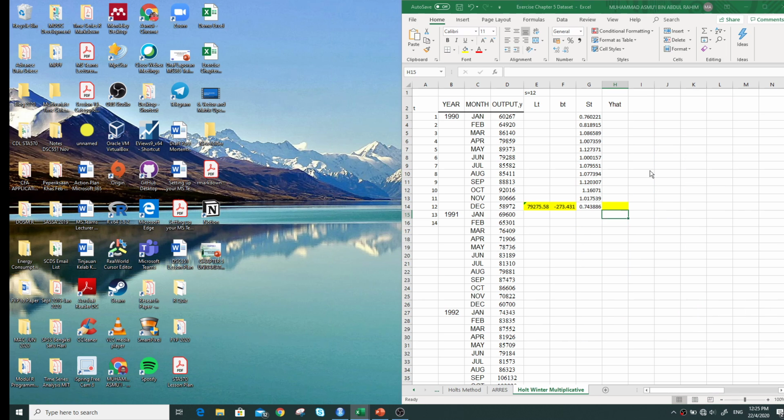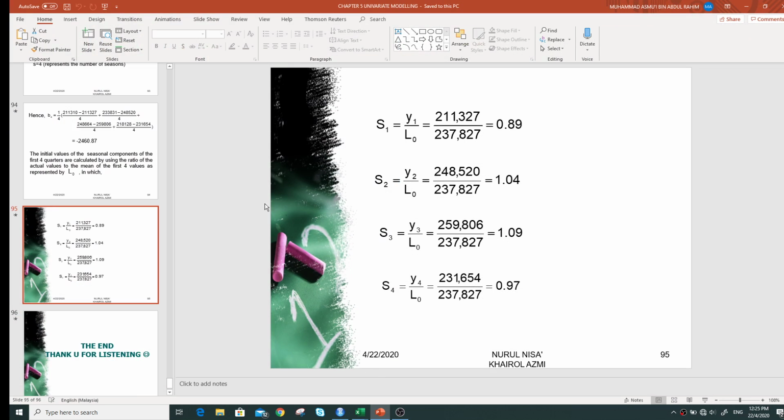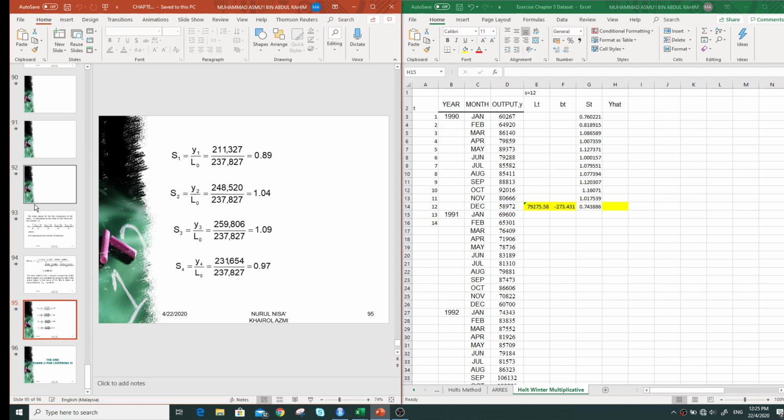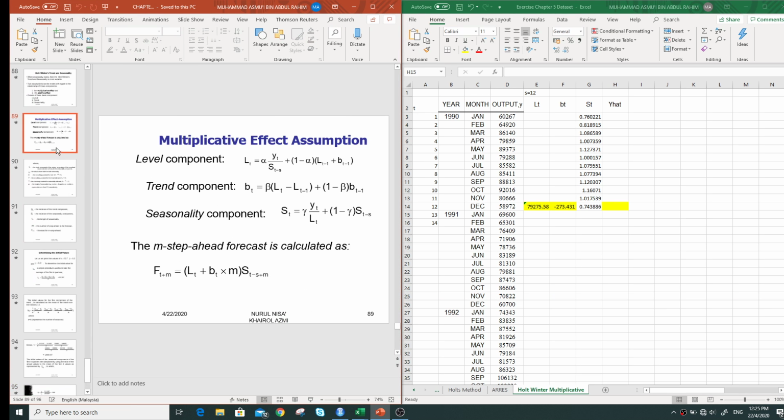Now let's take a look at the general equations. First Lt. Now we will start putting in the values. Here I will use alpha, beta, gamma.